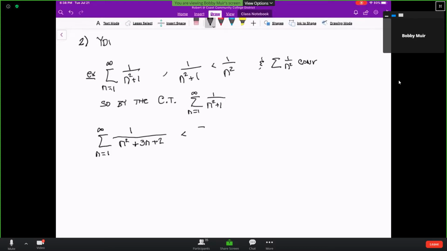Well, that's going to be smaller than this sum, because when I take something out of the denominator, it makes the fraction bigger. And again, this thing converges. So this guy converges.